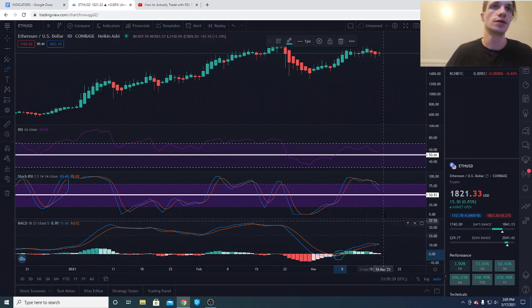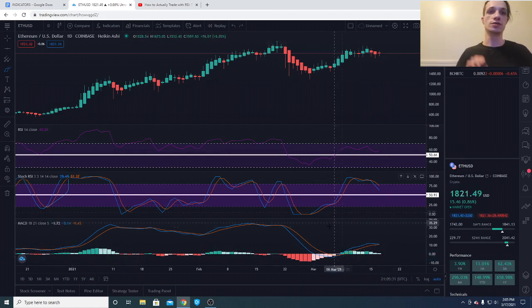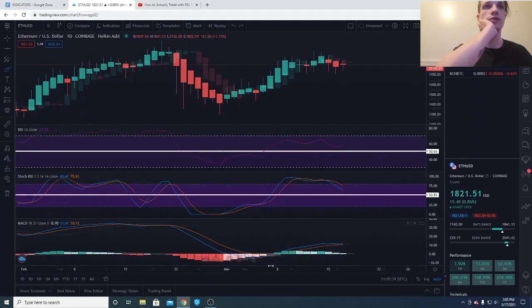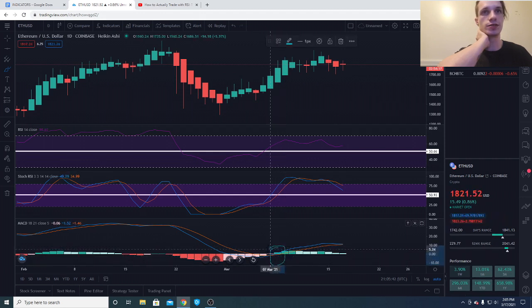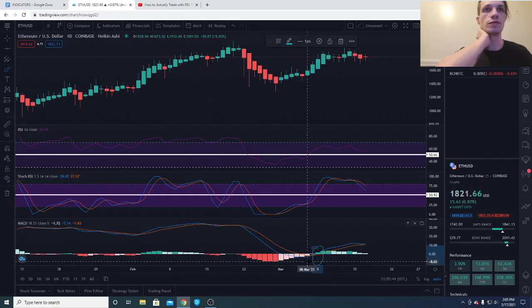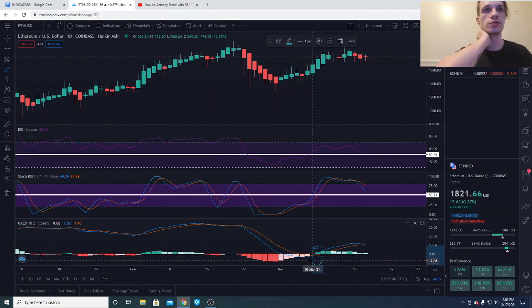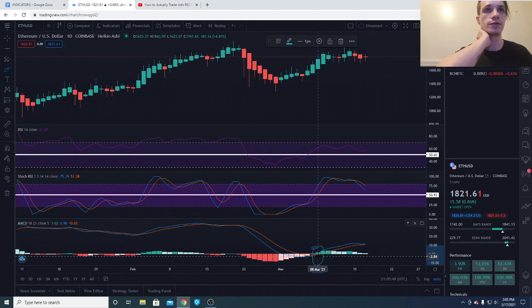There are a couple things about the MACD you want to know before you make a trade on it. You want to wait for your histogram to go from red to green. When it goes from red to green, you have that confirmation. And then you want to look for the cross where the blue line crosses orange. So blue crosses orange, and then we have our first candle. Boom, confirmation. We have the first confirmation.